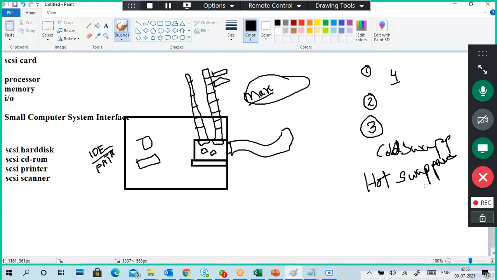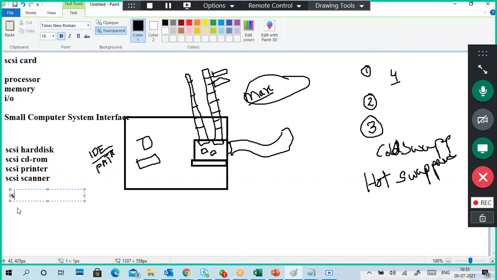We can change a device, add a device, or remove a device without shutting down your complete PC. Without shutting down your PC, you can connect it as well as disconnect it. SCSI is hot swappable. The SCSI drives or SCSI devices are hot swappable.